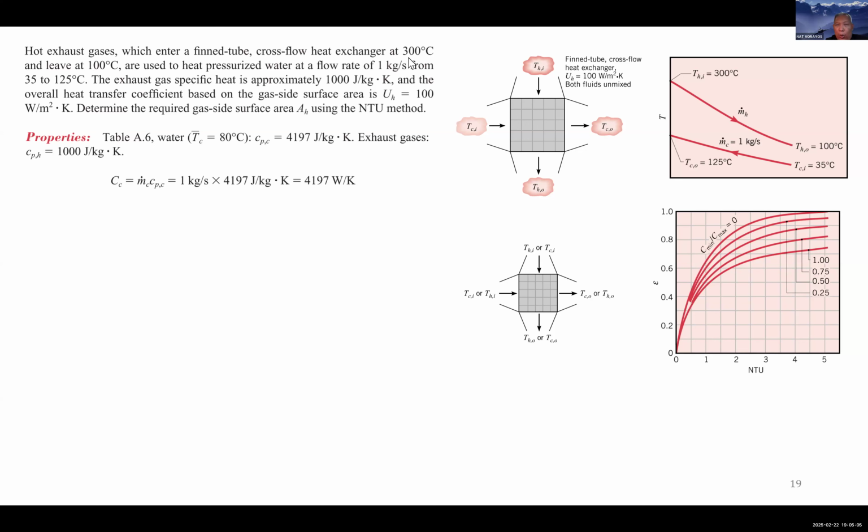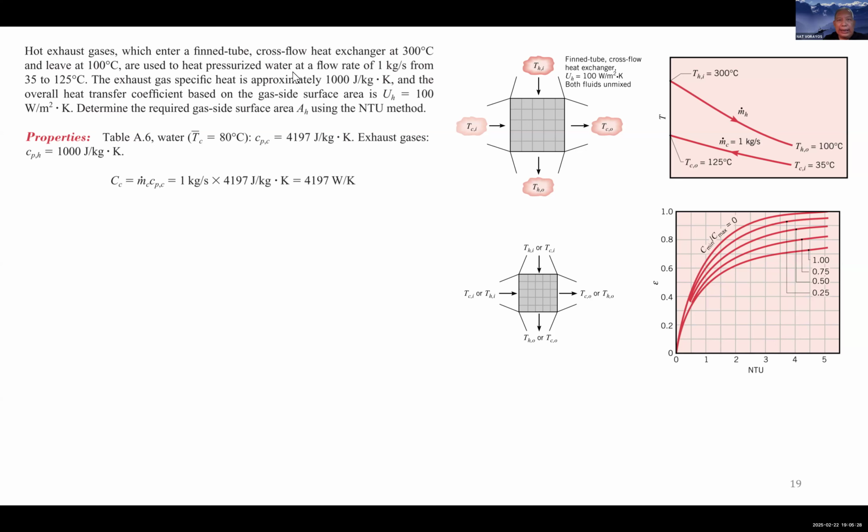Now, one temperature is specified as the inlet temperature. Exit temperature is specified. And then this gas is used to heat the water.